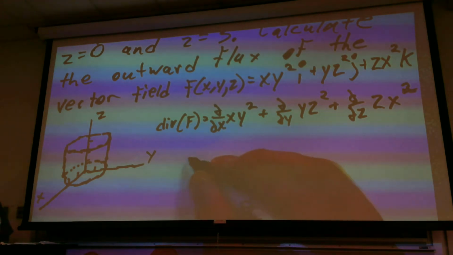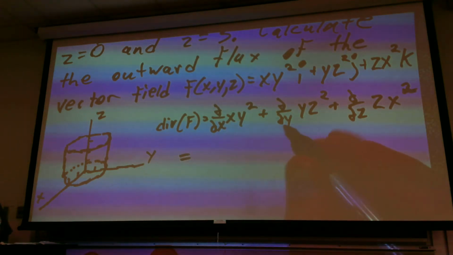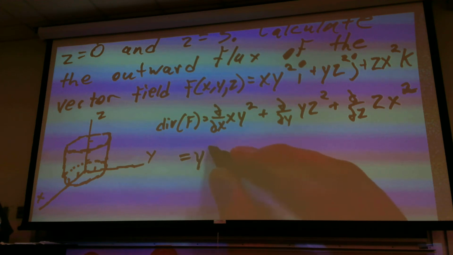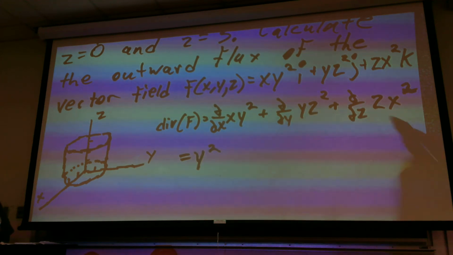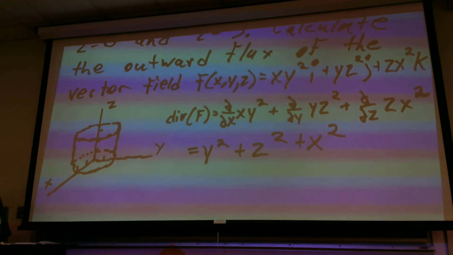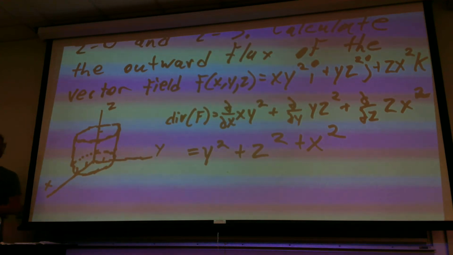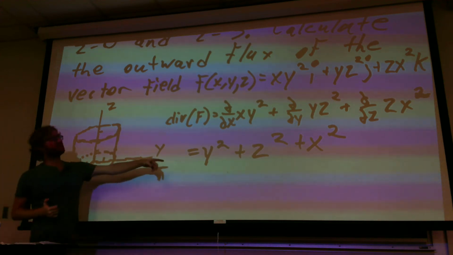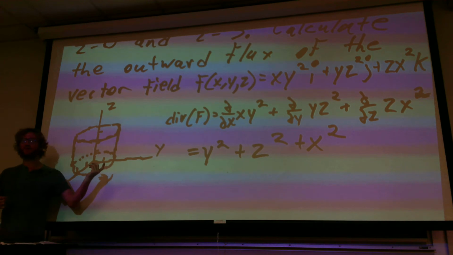The partial derivative with respect to x of the first term is y squared. The partial derivative of the second with respect to y is z squared. The partial derivative with respect to z of the third is x squared.